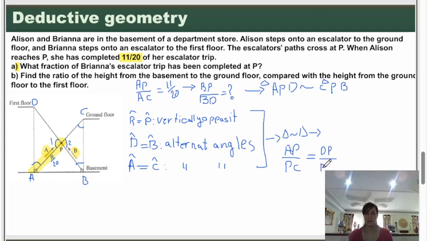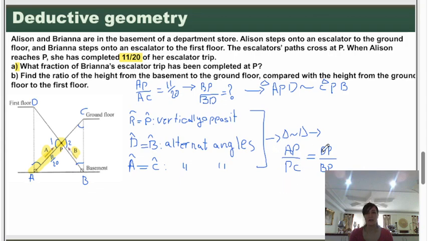Now I have to find this ratio, then I will go to what part A really wants.